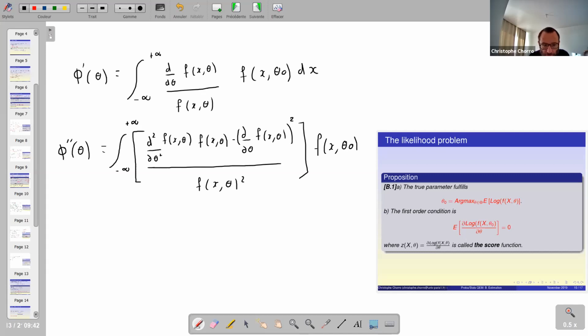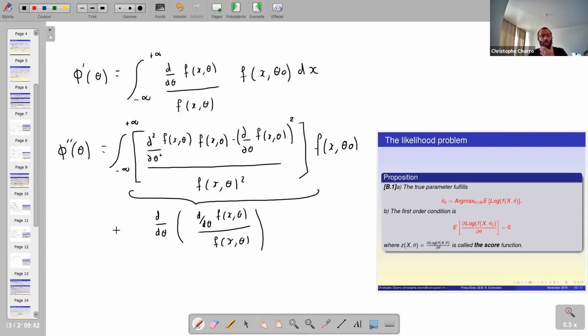Keep in mind that here you just have the derivative with respect to theta of the derivative with respect to theta of f x theta, divided by f x theta. You have this one here. So let's see what happens at theta 0, because here you have f second of theta.